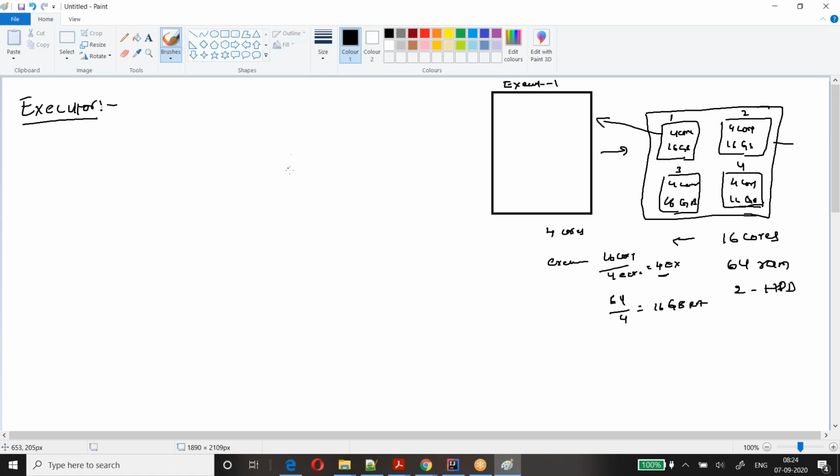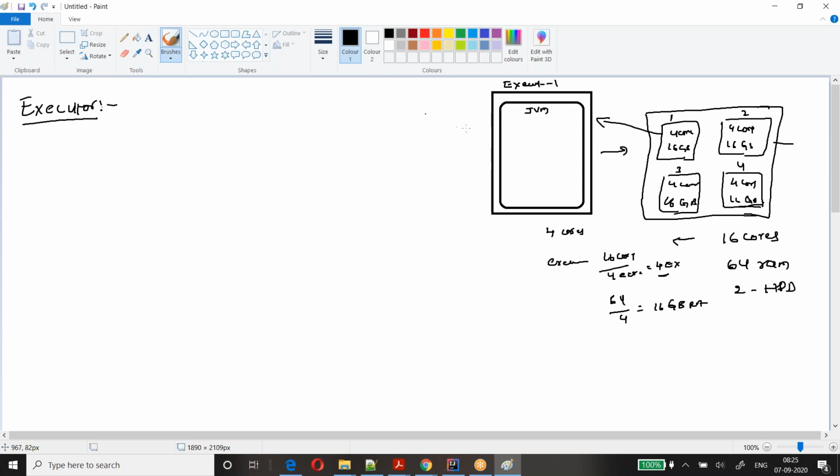Let's assume that I have 4 cores, right? When you have 4 cores, it means you have 4 parallel tasks. Let me write a small window here. If you assume this is my JVM process, it's a JVM.